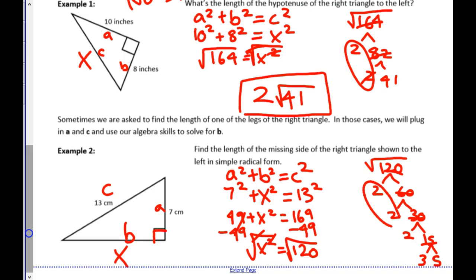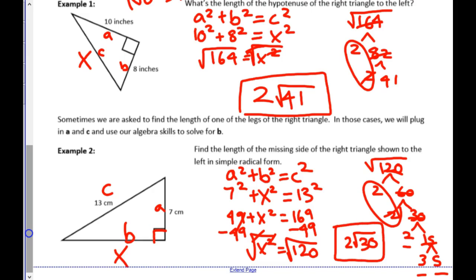I have one pair of 2, and then 3 loners. So it'll be 2 outside, and then 2 times 3 times 5 is 30. 30 does not break down.